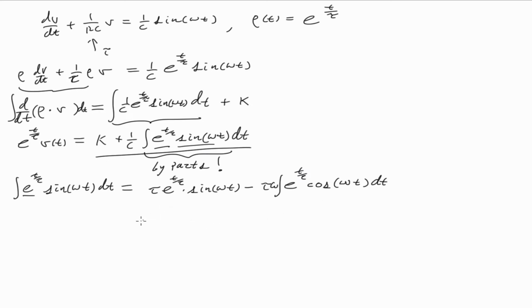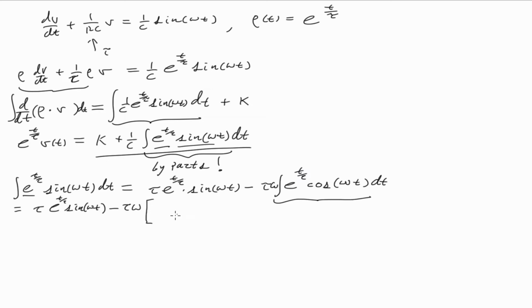Okay, so we're moving along here, and now I have to contend with this integral. All right, so let's see if I can rewrite this. Actually give myself a few more lines here. I'm going to kind of cram it in a bit. There's my tau, e to the t over tau, sine omega t, minus tau times omega.